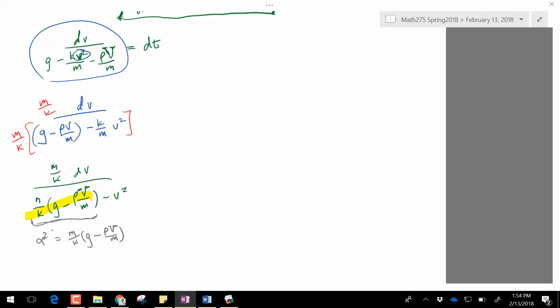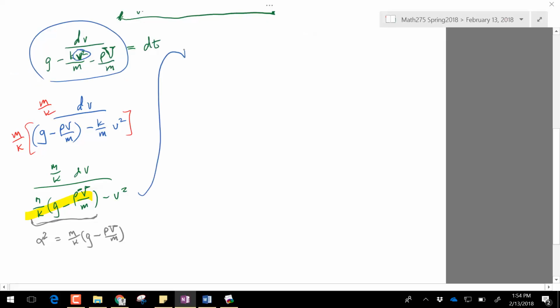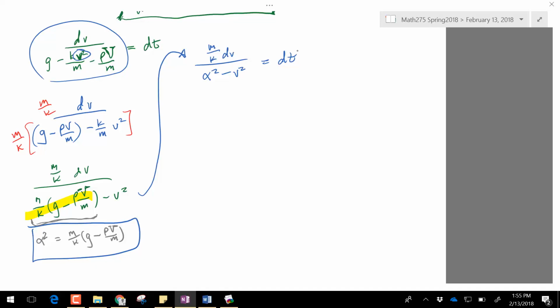So now, let's keep this in mind. And now let's take a look at this as m over k dv over alpha squared minus v squared equals dt. Okay?